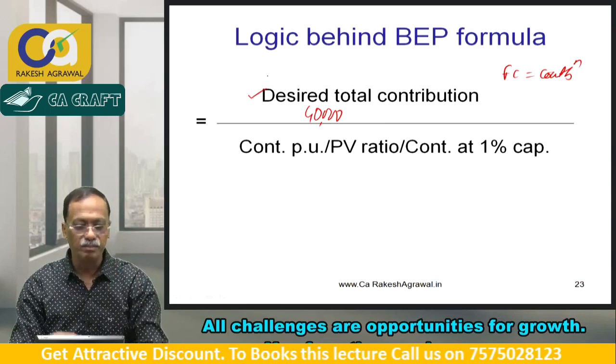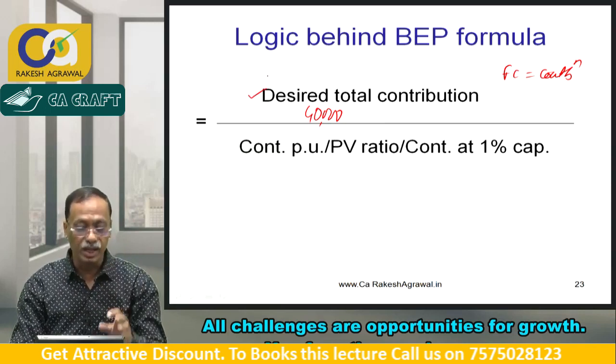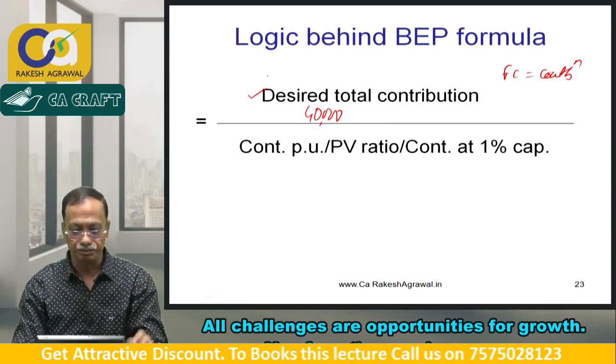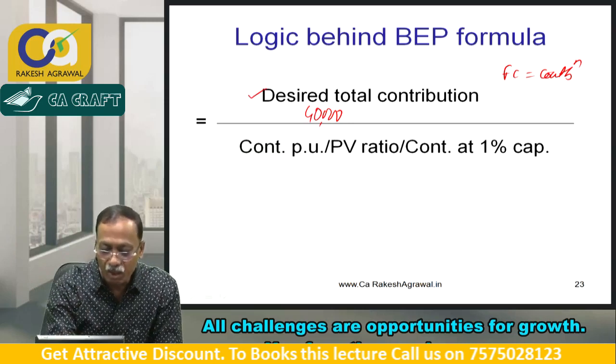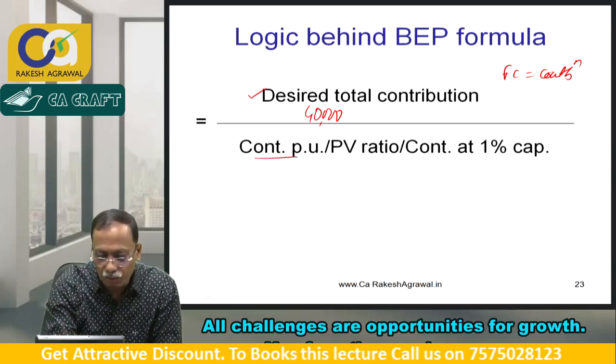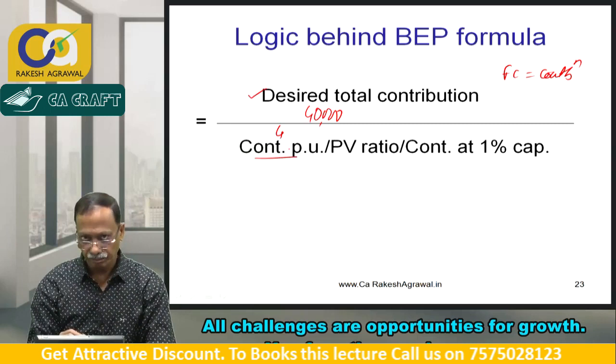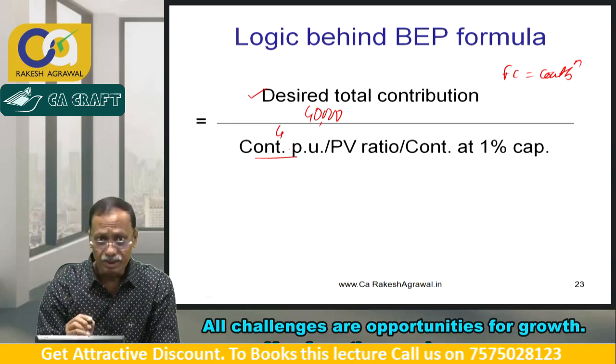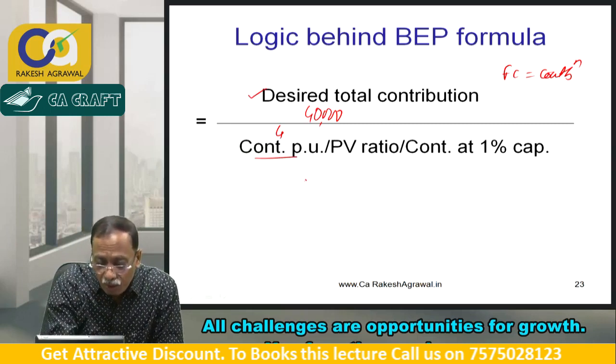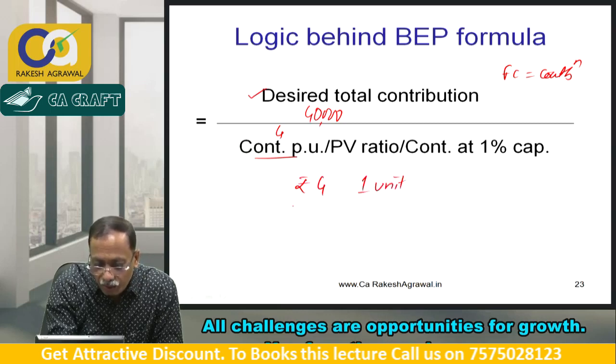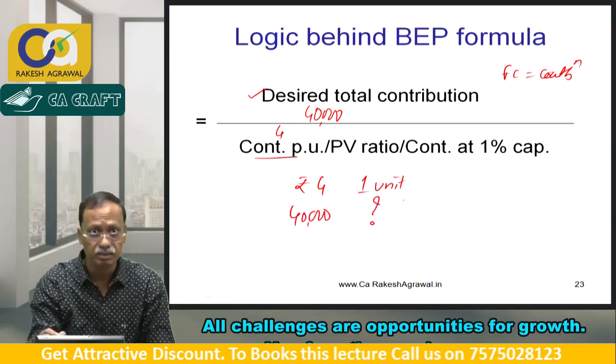So for some time I am calling the numerator desired contribution. Now my desired contribution is 40,000 and contribution per unit is 4. It means if I want to earn rupees 4 contribution, I should sell 1 unit. Now if my desired contribution is 40,000, how many units should I sell?